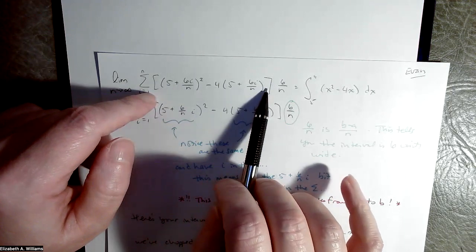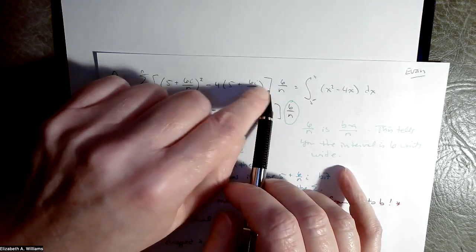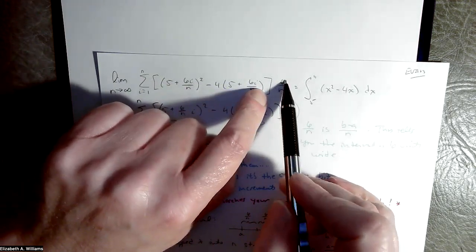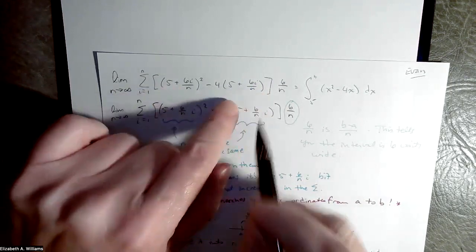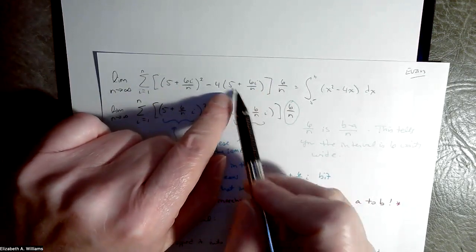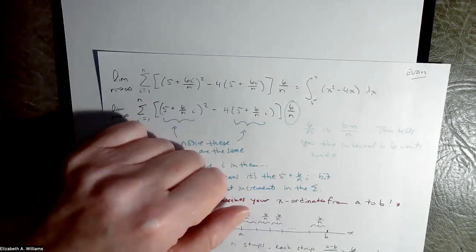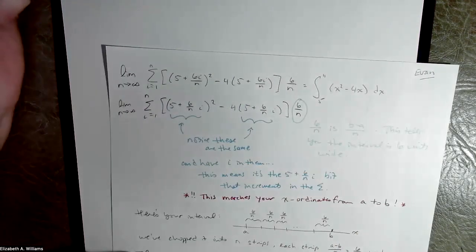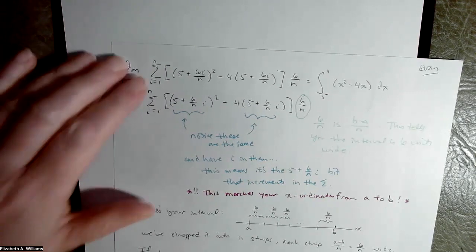That's your y value, how high up you are in your strip, and that's the width of any of the strips. So this height will change because your x's are changing, but the width of each strip is always the same. So this is a Riemann rectangle sum. I hope that unpicks this a little bit. Let's look at the other one.